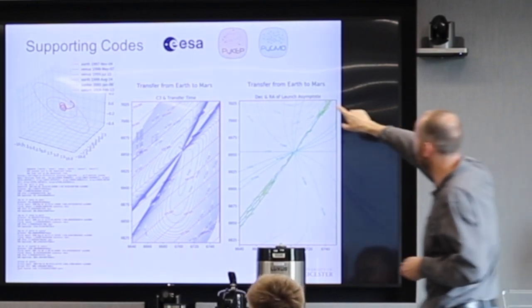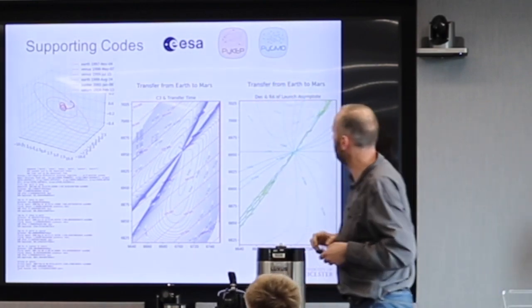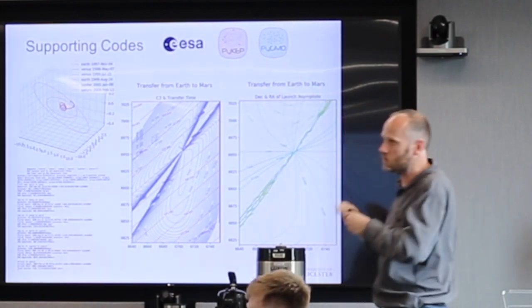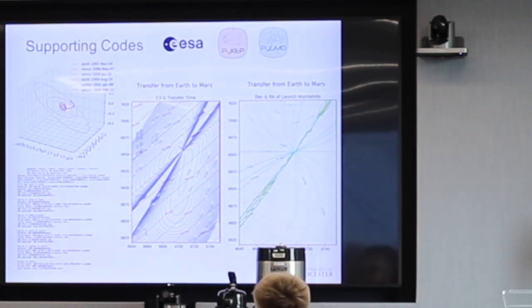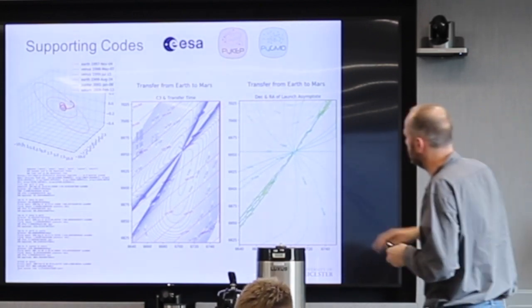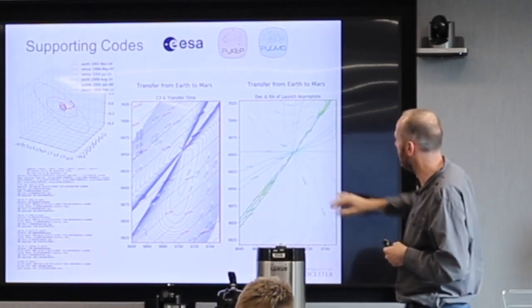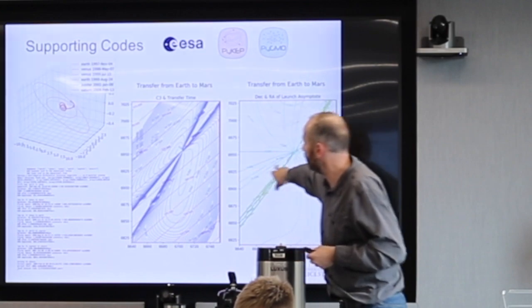PICAP is a Python implementation of a Keplerian orbital mechanics toolbox. PIGMO is actually non-specific to orbital mechanics, but it's a set of nonlinear optimization codes. And by combining those two things together, you can do some really great work on calculating gravity assist initial parameters, beneficial encounters, and so on. And one of the easy gets from PICAP and PIGMO is the ability to produce things like this.